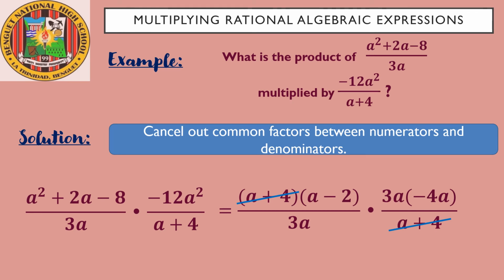Then we check the common factors between the denominator of the first RAE and the numerator of the second RAE, which is 3a. Lastly, we check if there are common factors within the same expressions, but we find that there are none. So we move to the final step in the process.